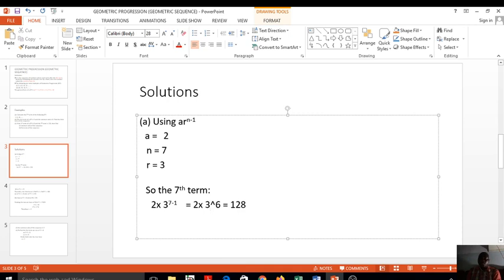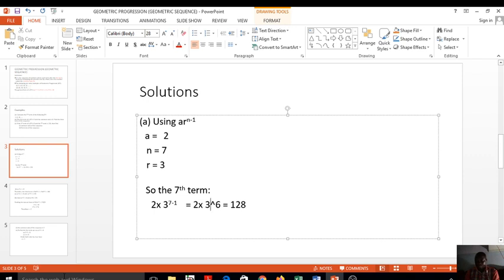3 to the power 6. What do you have there if you use a calculator? Let me use my calculator here. You can get your calculator from your phone, or you can use the one you bought.